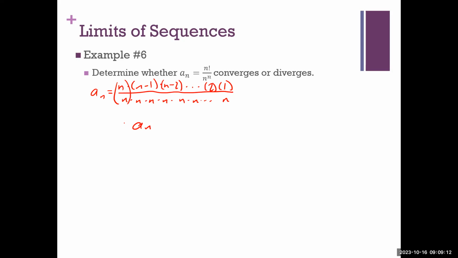All the terms in the sequence can be positive, so this sequence is always greater than 0. Another claim I want to make: is this going to be bounded above by 1 over n? And that's 1.